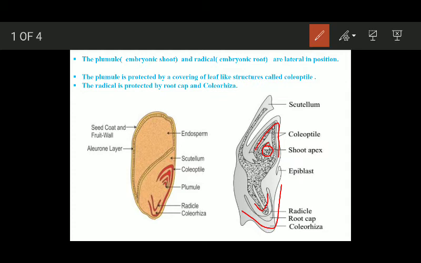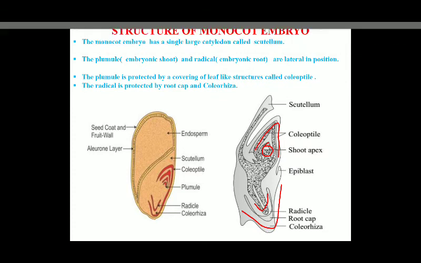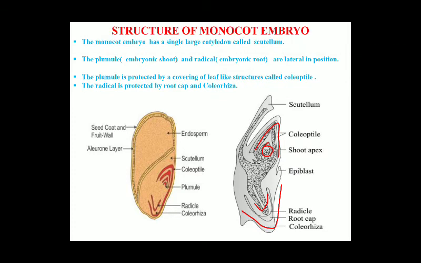So in addition to the root cap, monocot embryos show an extra covering of their radicle, which is known as the coleorhiza.